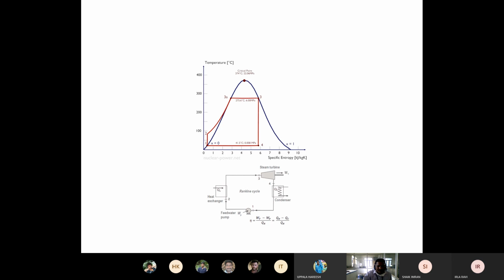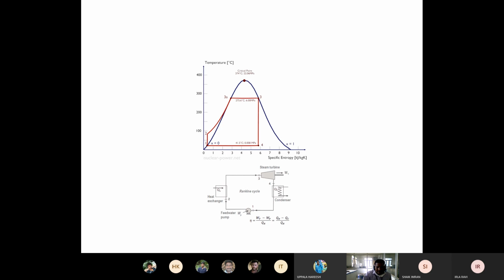In Thermal Engineering by Rajput, that author mentioned state point 1 here, after the expansion. Process 3 to 4 is the isentropic expansion process. H3 minus H4 is the turbine work.